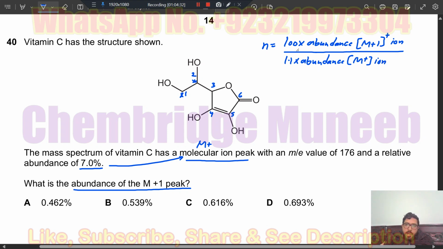Now we have to rearrange this equation to find the value of this part.